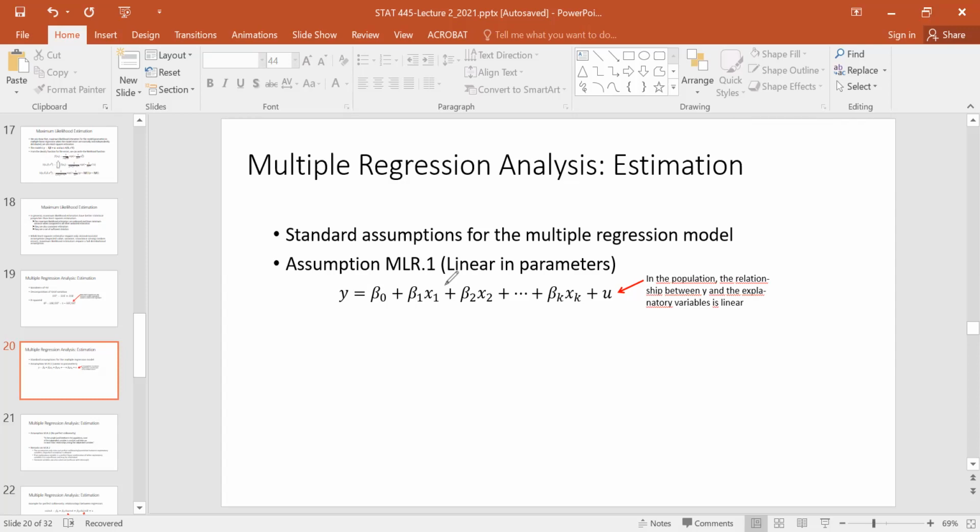Even when we have nonlinear components like x1 squared and so on, we still call it a linear regression model as long as it's linear in the parameters. So something like this is not linear in the parameters.